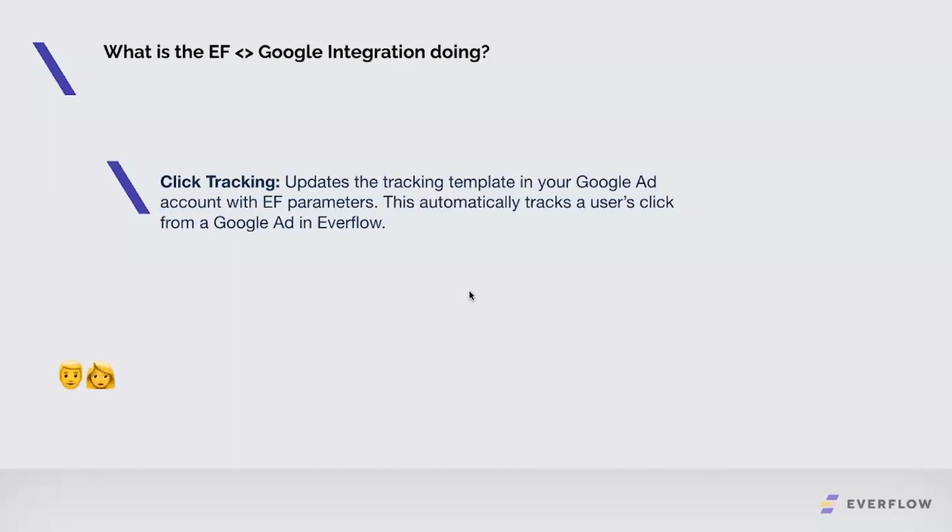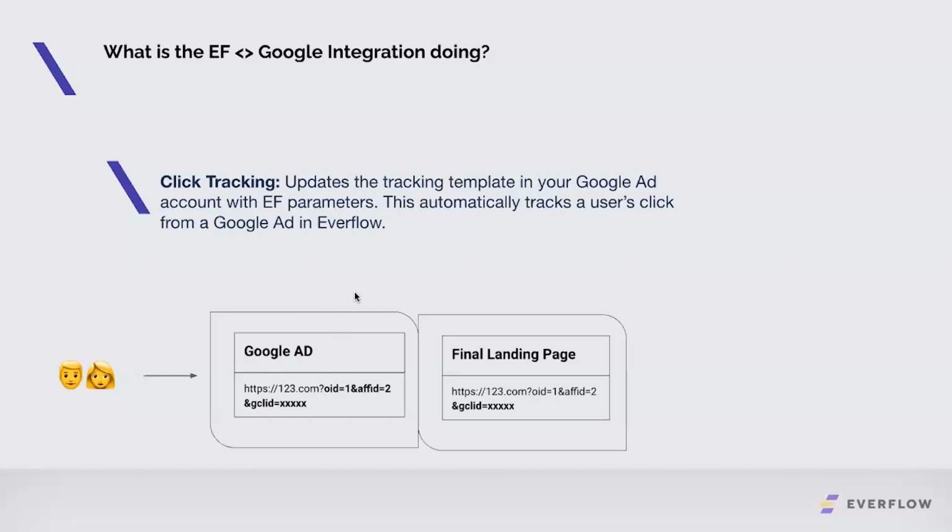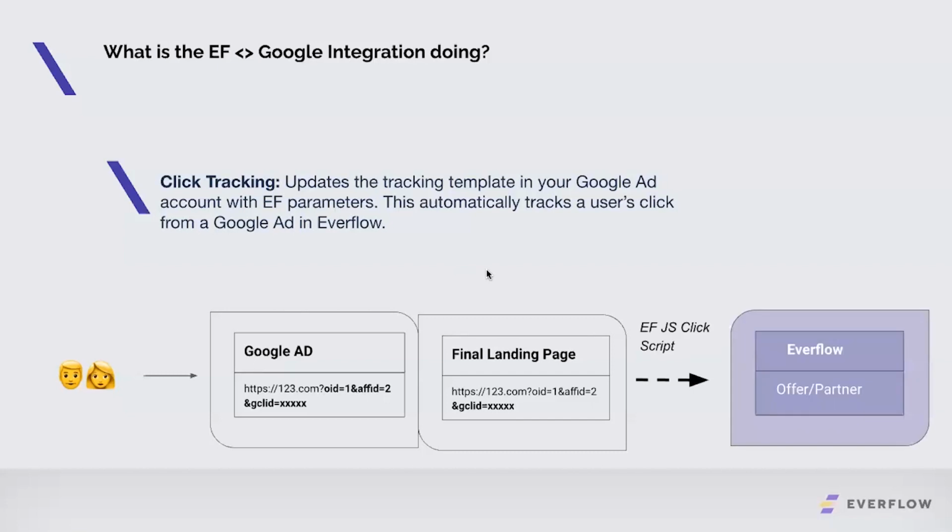So for example, let's say a user is clicking on an ad on Google. We have these parameters that are in a Google Ad that allow Everflow to track. So the user clicks on the ad, they get taken to the brand's landing page. And on this landing page, Everflow has the JavaScript for tracking the click.